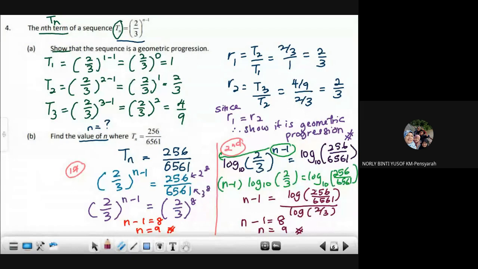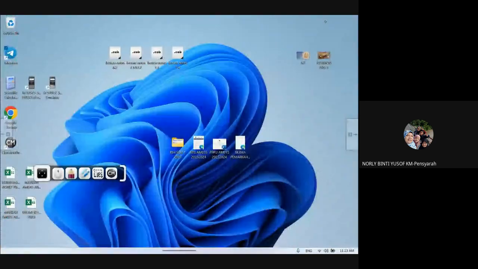You tekan calculator for log 256 per 6561. Ni kita tunjukkan sekejap.